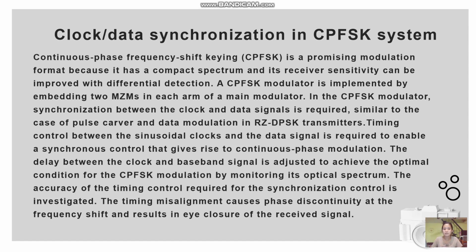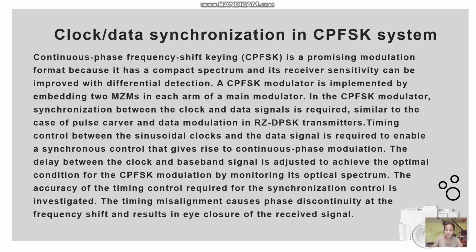In the CPFSK modulator, synchronization between the clock and the data signals is required. Similar to the case of the pulse carver and data modulation in an RZ-DPSK transmitter, which is also a delta modulation technique, which will be discussed by my other classmate, the timing control between the sinusoidal clock and the data signal is required to enable a synchronous control that gives rise to continuous phase modulation.